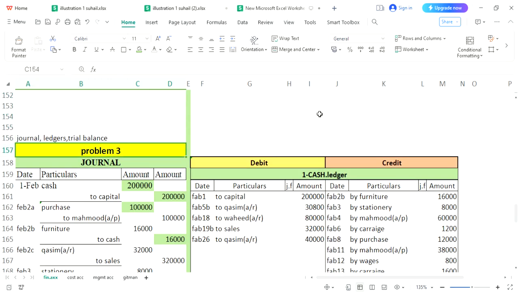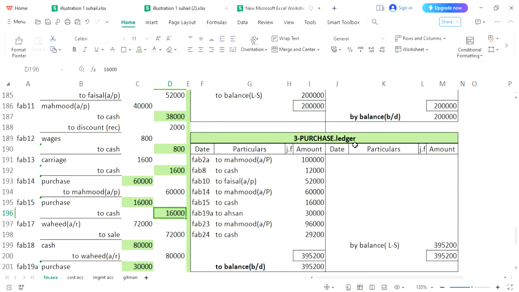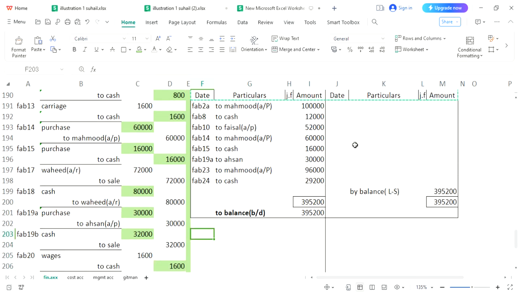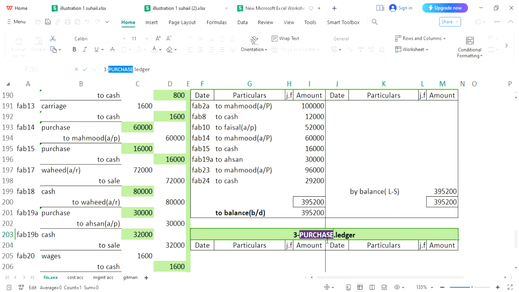Okay, so Mahmood is our next title. The title of the ledger is Mahmood, account payable. Let's make it. For that I will take the headings of the previous ledger. We'll use the same headings to make the new ledger just by changing the title, and now we are going to make the ledger for Mahmood.